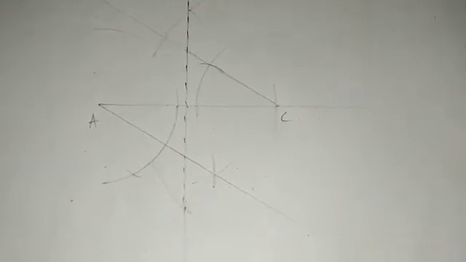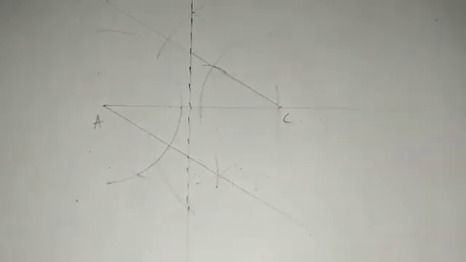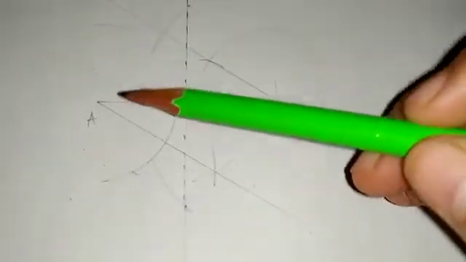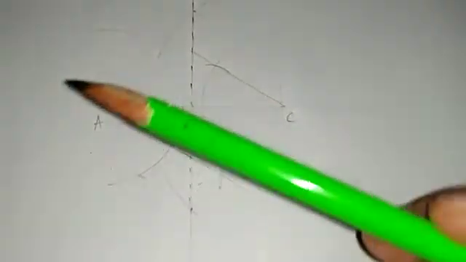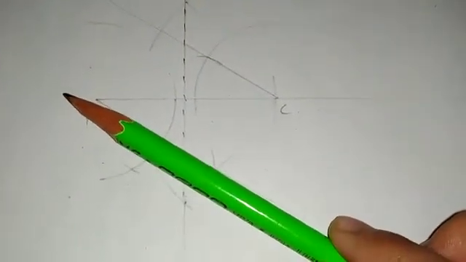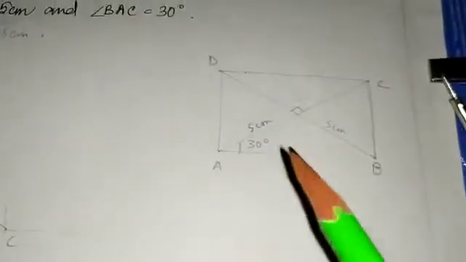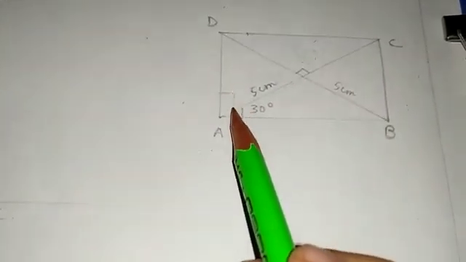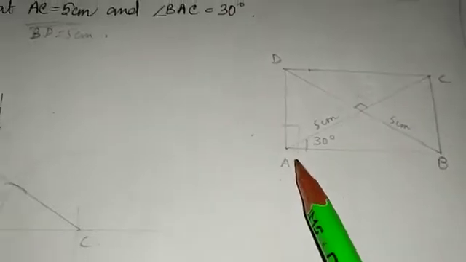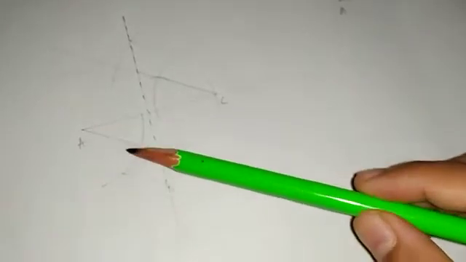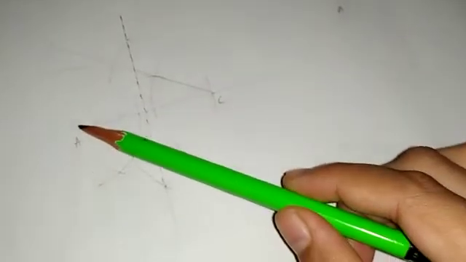Now we have to draw 90 degree from this point, taking this line as the base, because in a rectangle the angle is always 90 degree. That means if the line AB is this one, we have to take 90 degree from this point, putting this as the base.